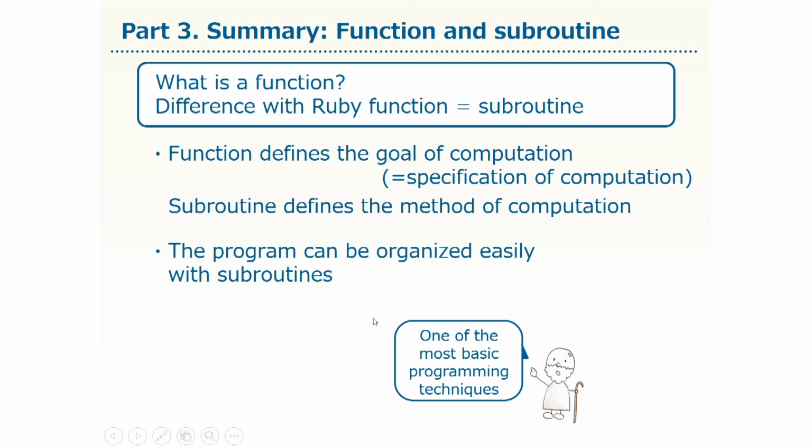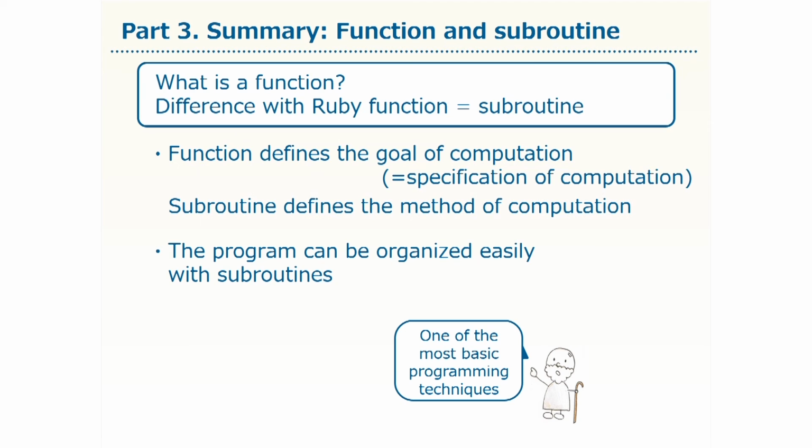Finally, let's go over what we covered. First, a function is the goal of computation and establishes the specifications of the computation. Subroutines are called functions in Ruby, but a Ruby function, or subroutine, establishes the computational method. For making a relatively large program, it is recommended to divide it into small tasks or prepare tools for composing the target large program.